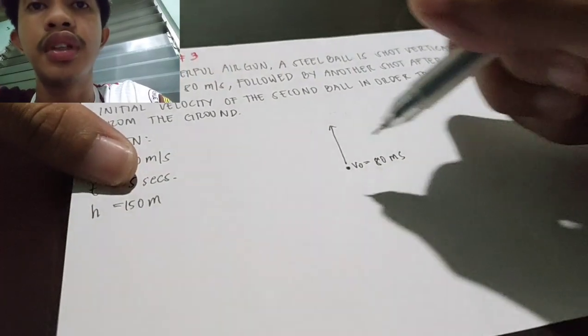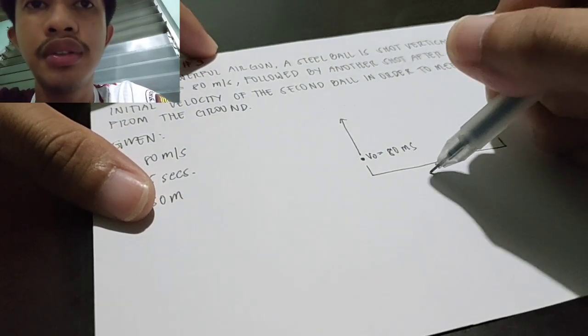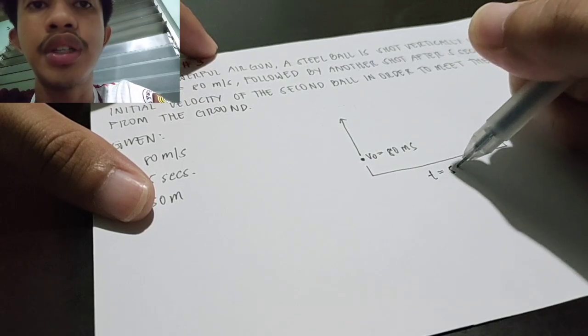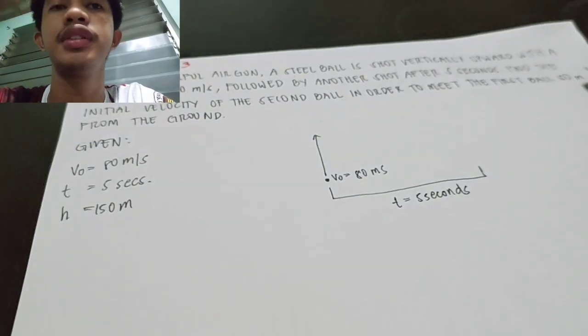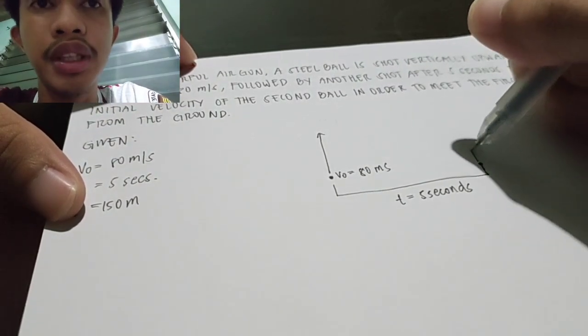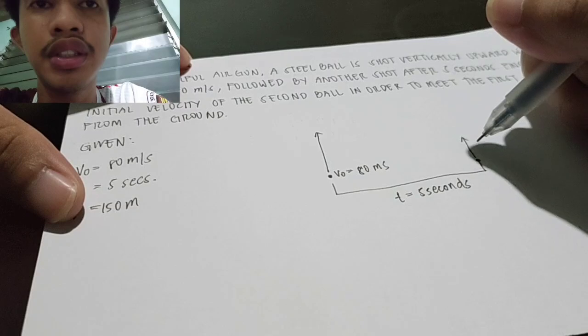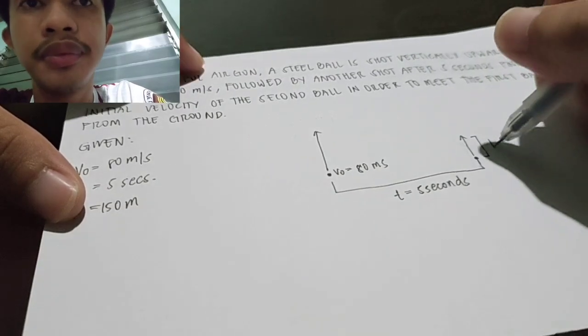Also, another shot is fired 5 seconds after the first one, T is equal to 5 seconds. And the condition is that the balls will meet 150 meters from the ground.